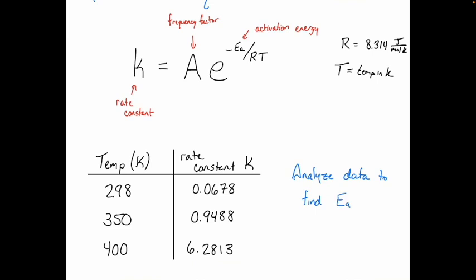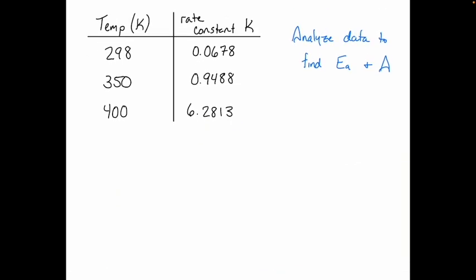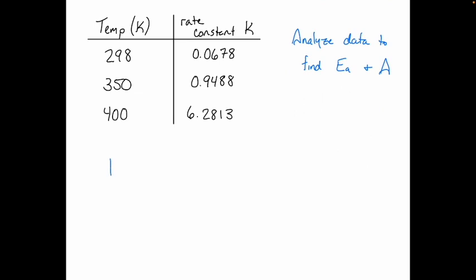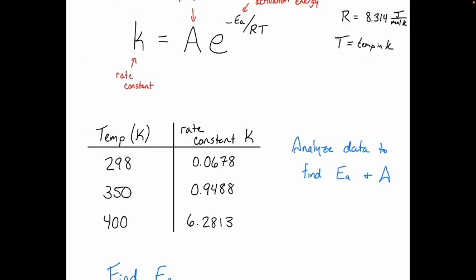That activation energy, but also that frequency factor A. So how are we going to go about finding our activation energy? Again, we're in a very similar situation to what we were in before, where we have this equation, but we have two variables that are missing here.